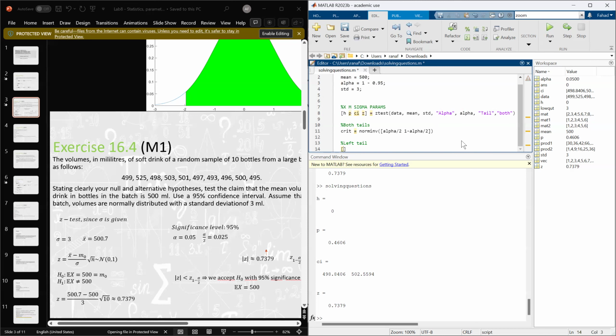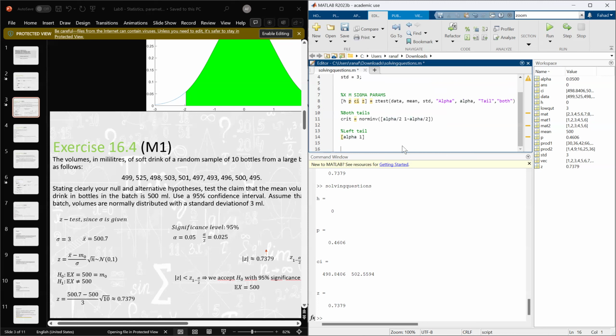There's always a 1 on the right side. So if there is a left tail, then the value you pass into it is alpha and 1, because there's always a 1 on the right side.